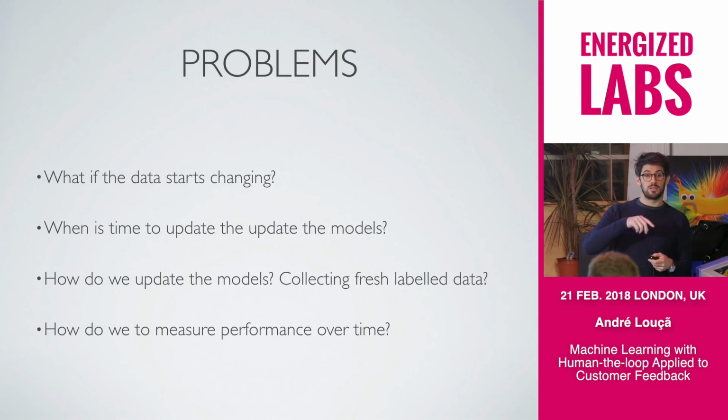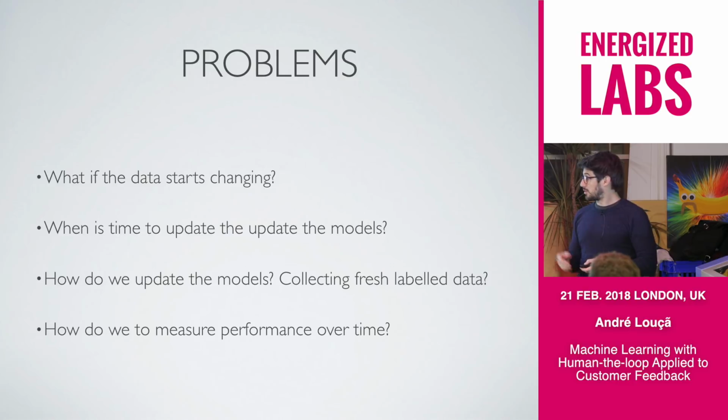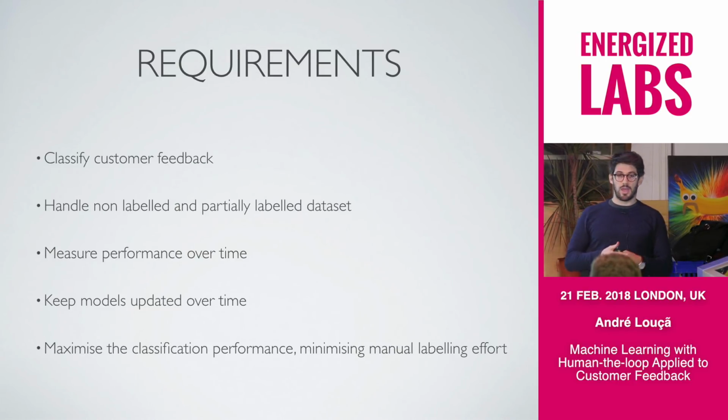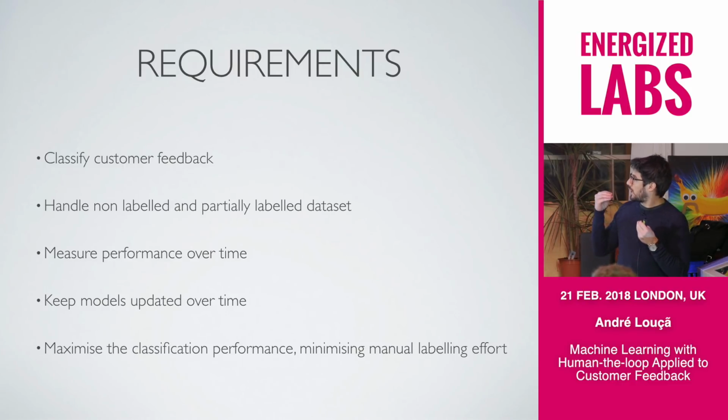Because if you think of the businesses that are going to take decisions that change their business, for sure they want to know that those decisions are based on something trustable. So this is a key point. Based on that, and given all the different kinds of projects that we faced in the past, we realized that as requirements, we need to be able to classify customer feedback based on text.